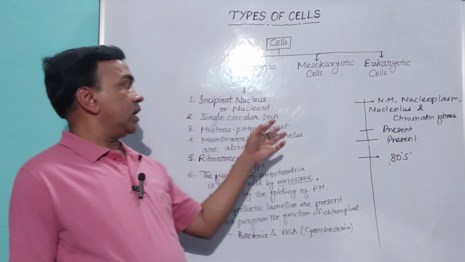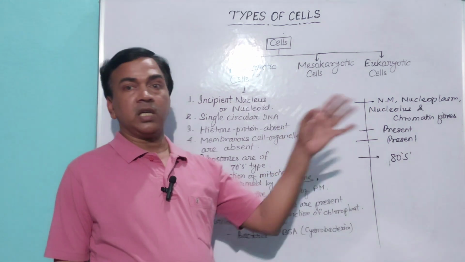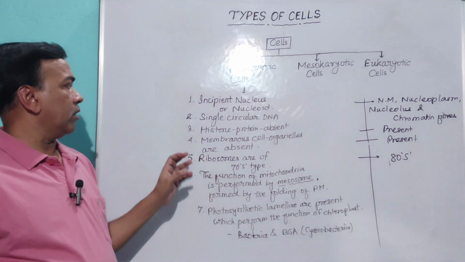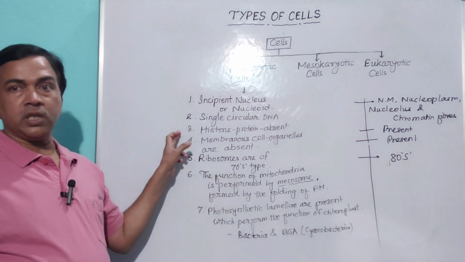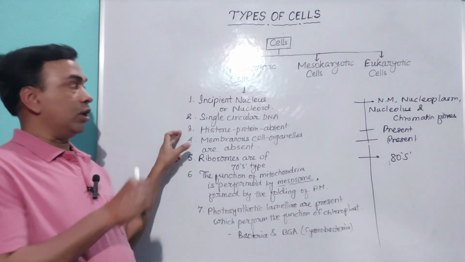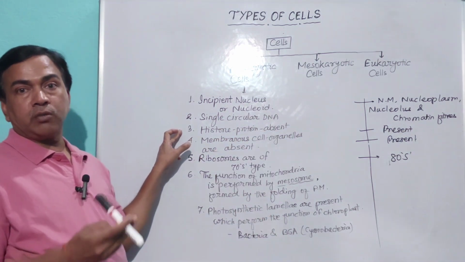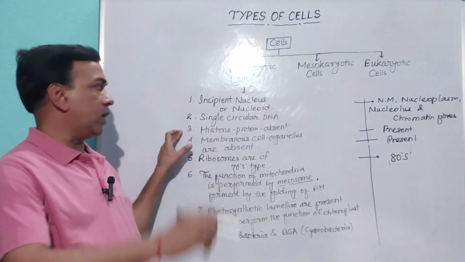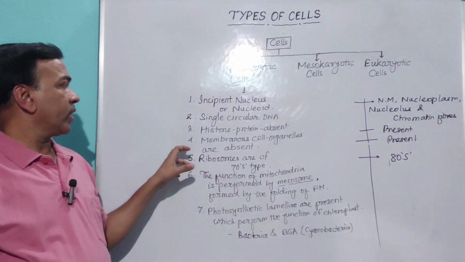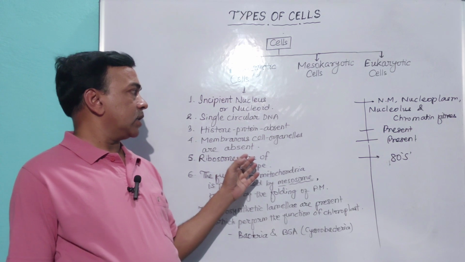Single circular DNA is present in prokaryotic cell, whereas many linear DNA are present in eukaryotic cell. Histone protein is absent in prokaryotic cells, whereas histone proteins are present in eukaryotic cells, which combine with DNA to form the chromatin fibers. All the membranous cell organelles are absent in prokaryotic cells.